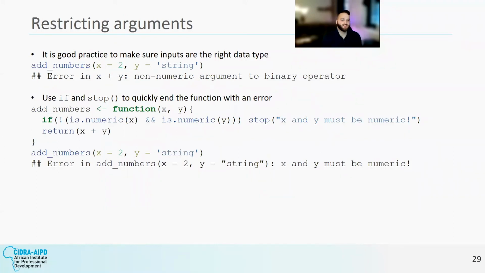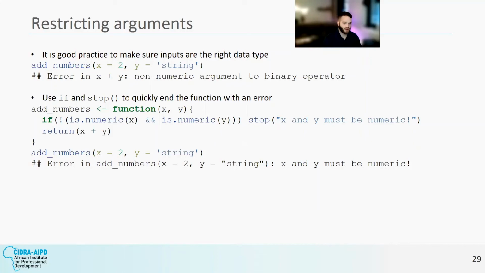So we've already seen some instances where using the wrong type can result in errors. R allows us to do a few different things to restrict arguments, whether we want the arguments to be of a particular type or restrict the values that arguments could be.